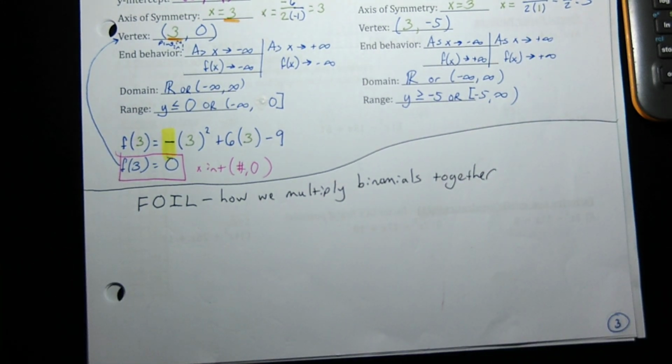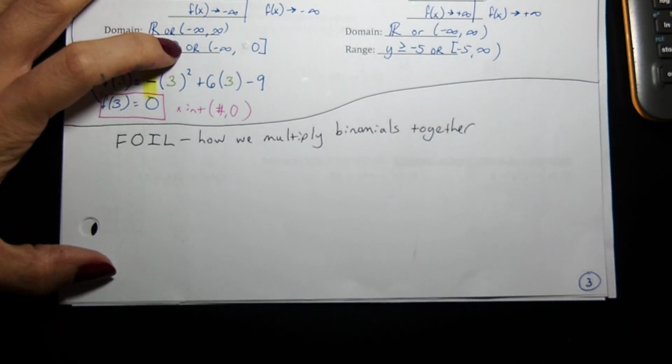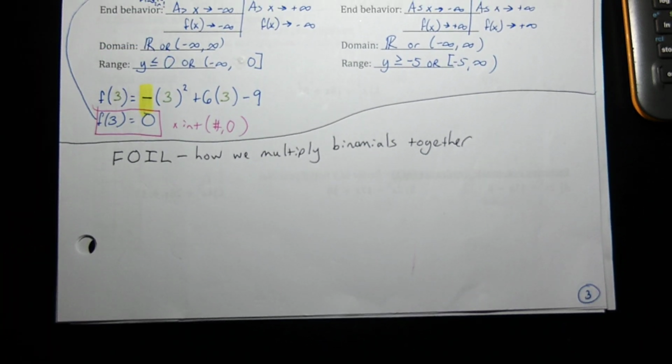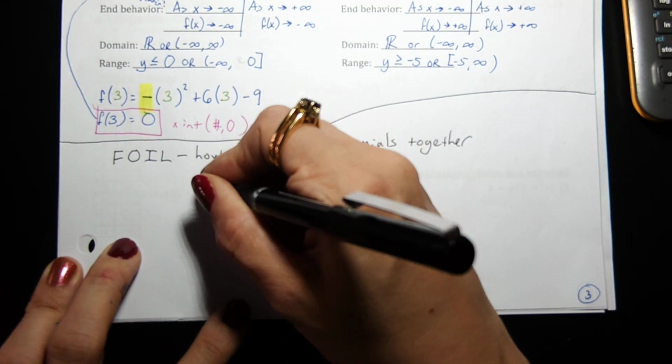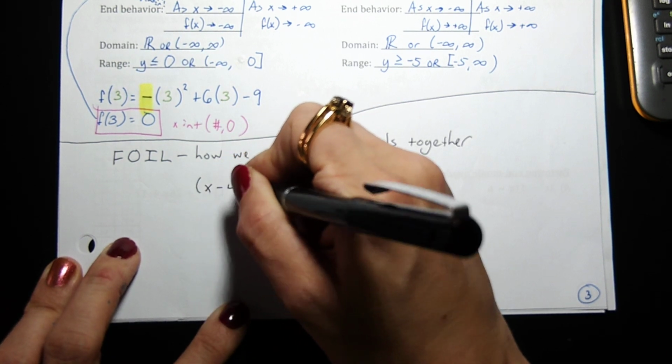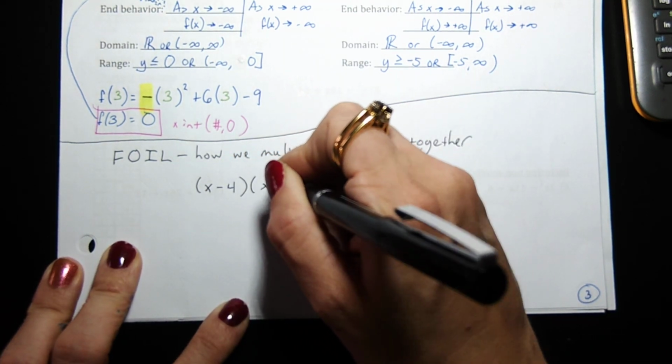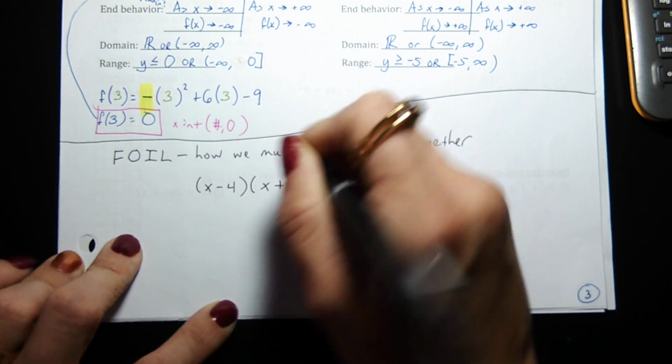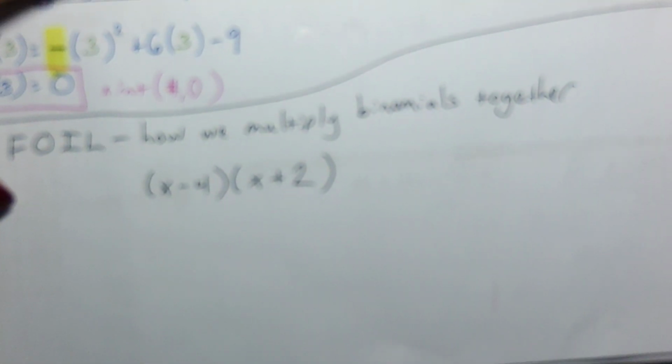That prefix bi means two, so a binomial is a two-termed item. So if we want to FOIL, we are going to be multiplying two-term expressions together, such as x minus 4 times x plus 2. How do we know that this is multiplying?